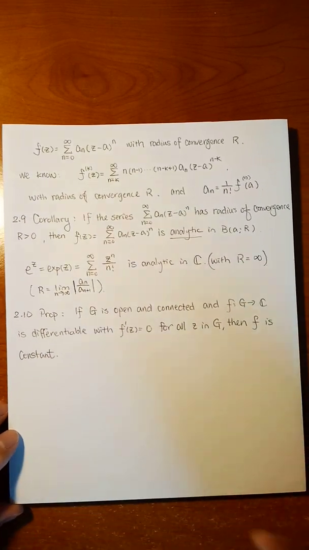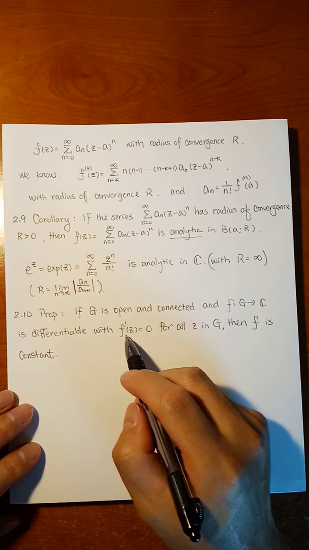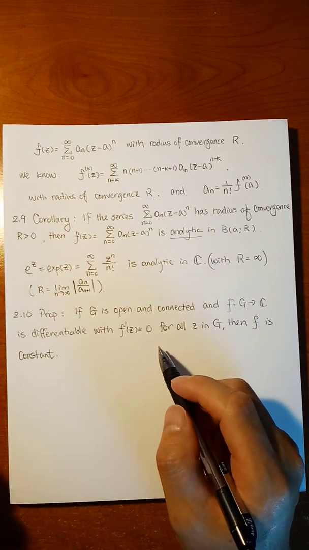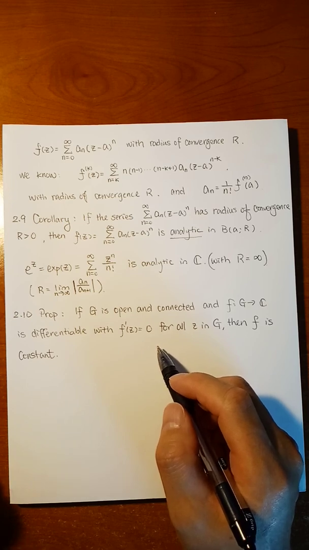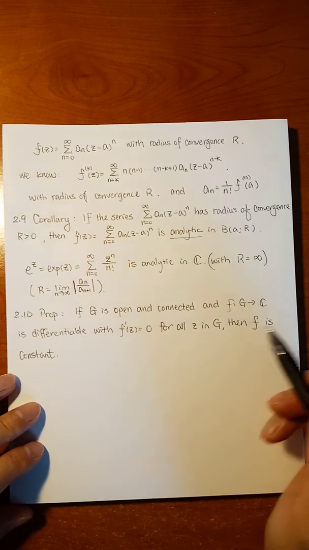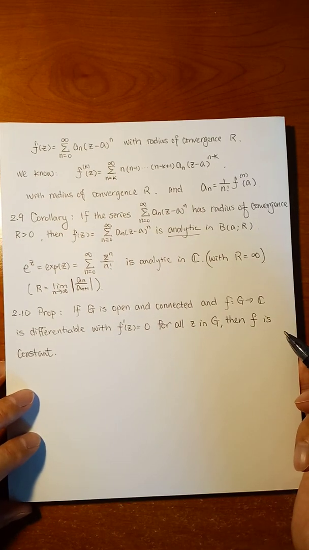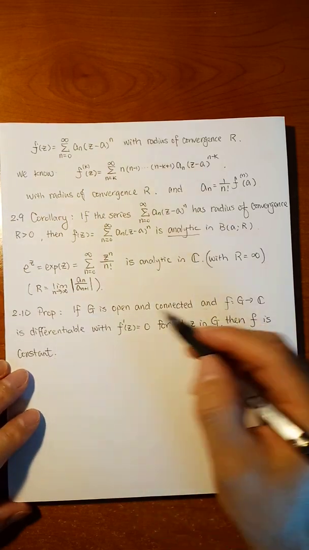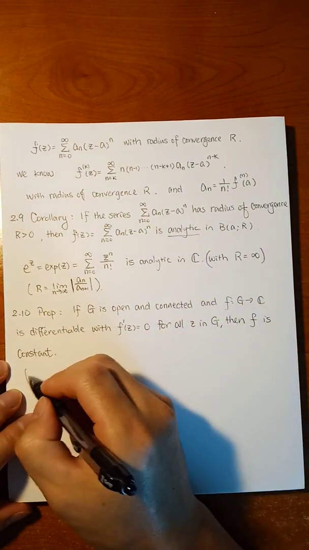Okay, so if you have a constant zero derivative, then the function is a constant. Well, this is a well-known fact in calculus. Why do we have to prove this again in complex analysis? Well, how did we prove this theorem in calculus?